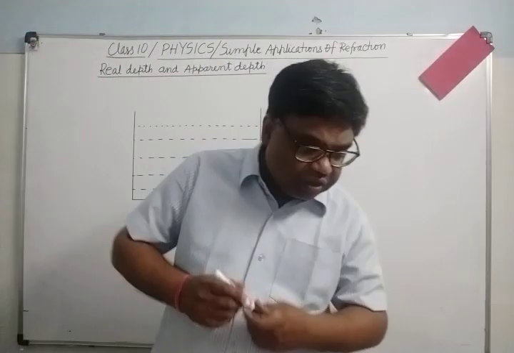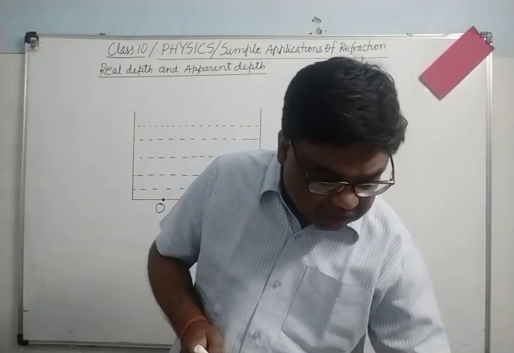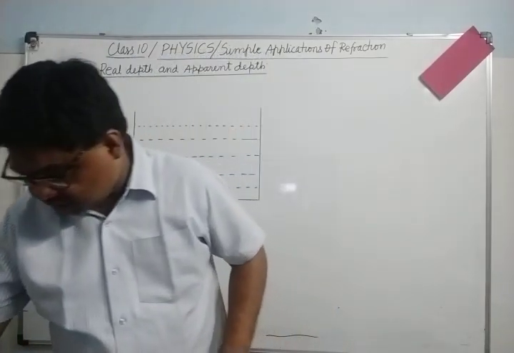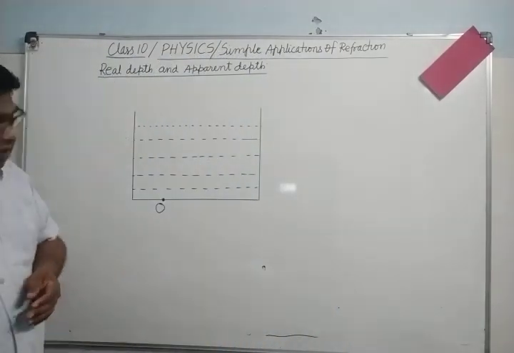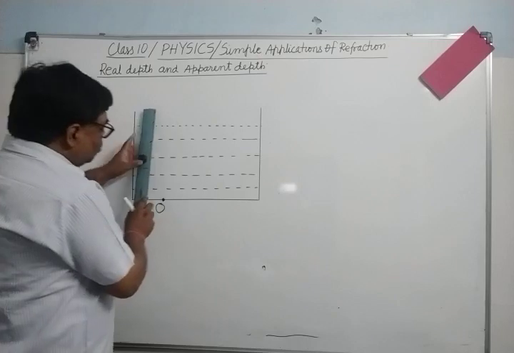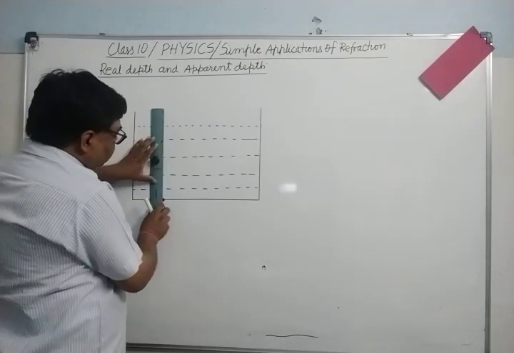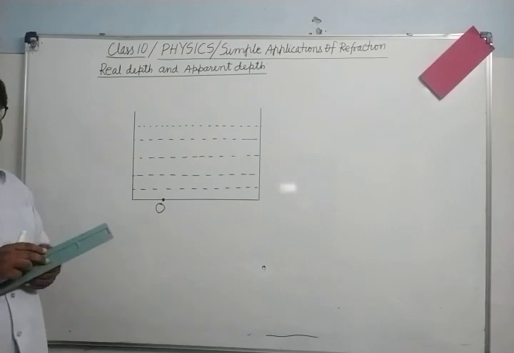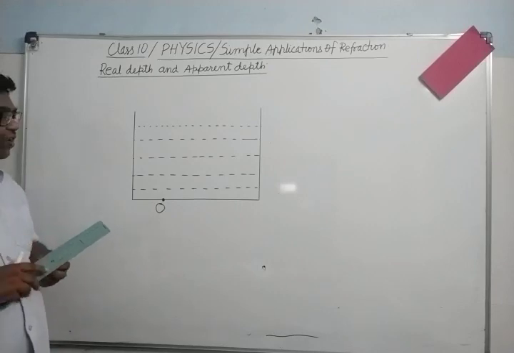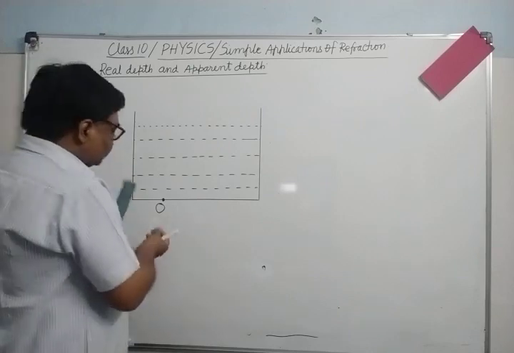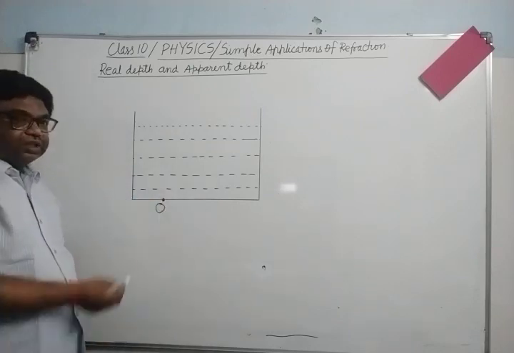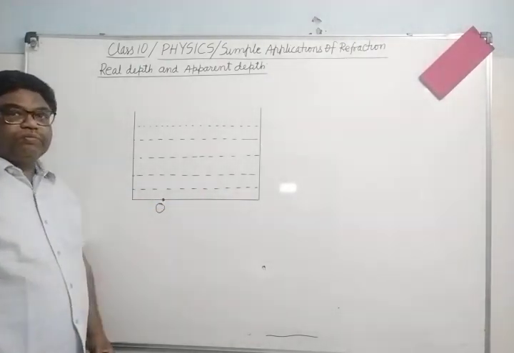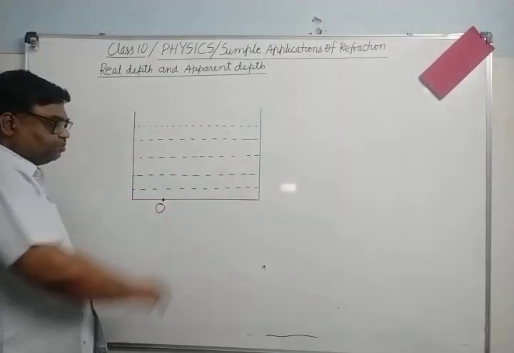So what will happen when you observe it from here? I am taking a blue pen. Now you can see, from here I have taken two rays, though numerous rays will start and go in different directions. This is some illuminated object, suppose a point source of light at the bottom of this beaker.